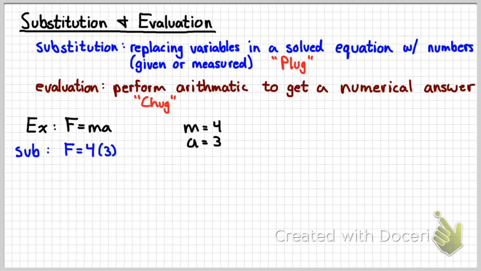If you mess up something after this step, you're going to lose a lot more credit, and it's more difficult for me to help you if I don't see your substitution. So never skip this step. Now do the arithmetic and multiply 4 times 3 to get 12. That's what I mean by evaluate. So when you substitute and evaluate, you get a final answer of 12.